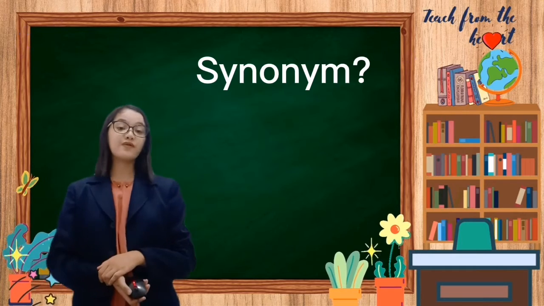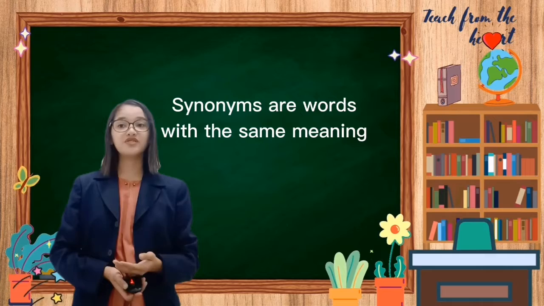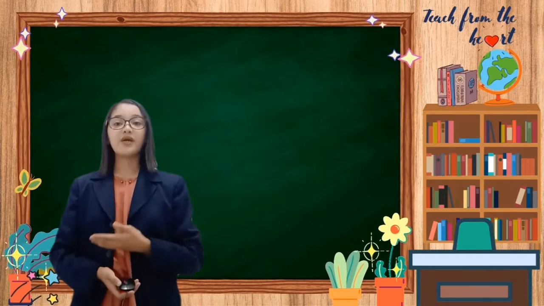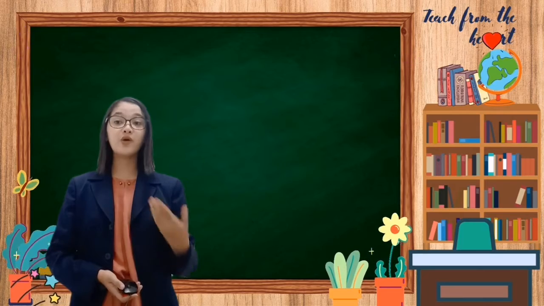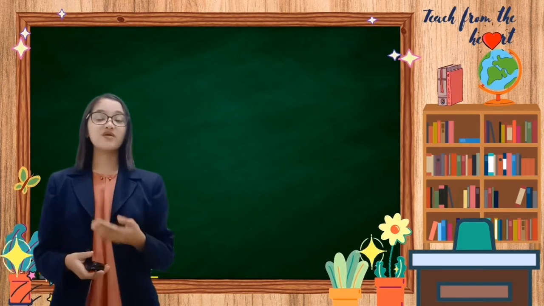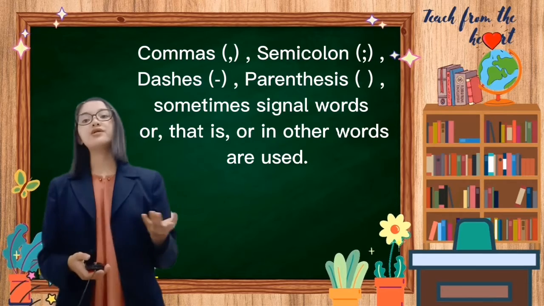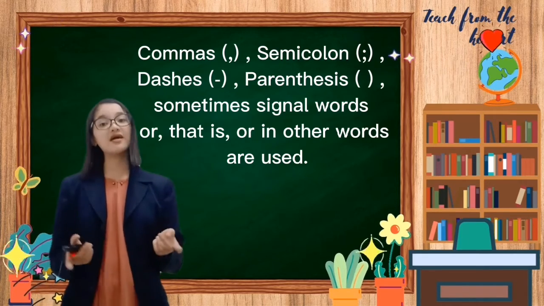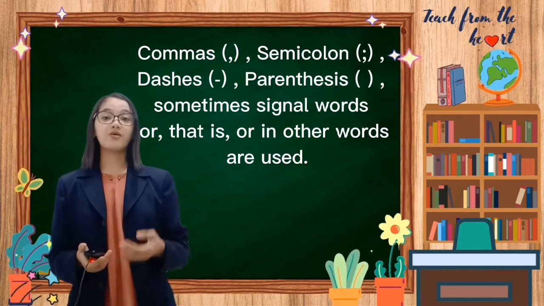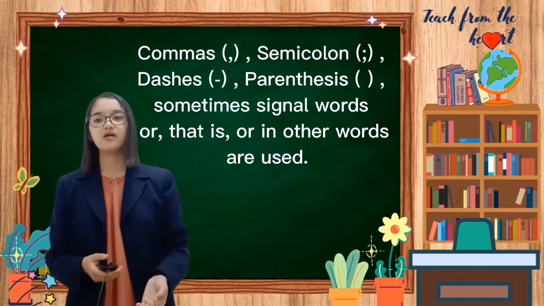Synonym has something to do with similarity or the same, for synonyms are words with the same meaning. So a reader may discover the meaning of an unknown word because it repeats an idea expressed in familiar words nearby. Commas, semicolons, dashes, parentheses. Sometimes the signal words that are used are or, that is, or in other words.